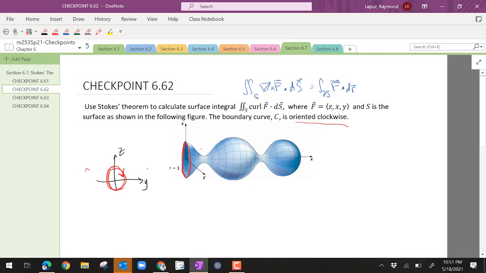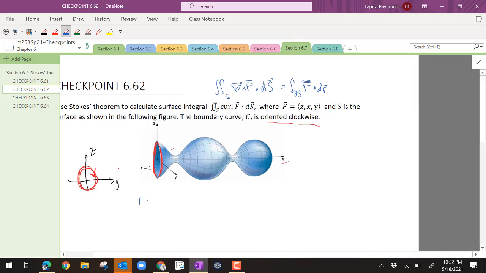The starting point doesn't matter when we're looking at a closed curve, because the starting point and ending point would be the same. So now we need to parameterize this. This is happening when x is equal to 0. So the parameterization starts off with x equal to 0.